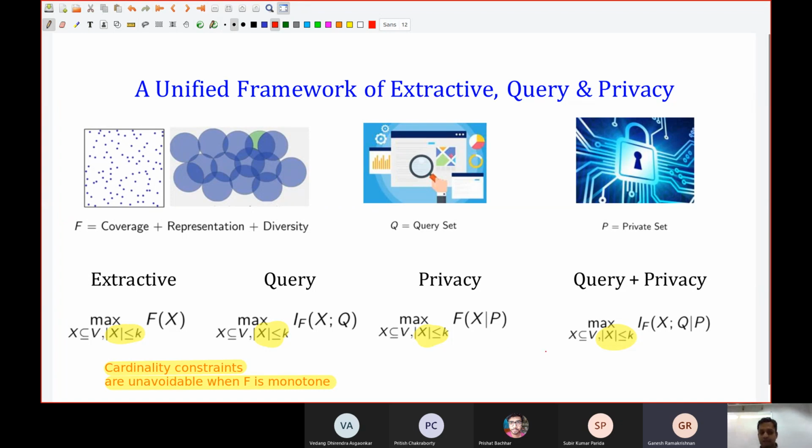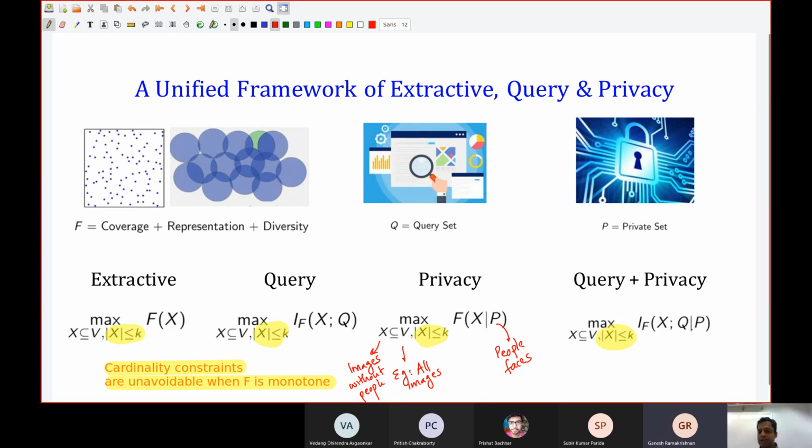So V could be the set of all images, and P could be people's faces. So what would be the retrieved X? X would be images without people, as a result of maximizing f of X given P. Is that clear? I'll show more examples.